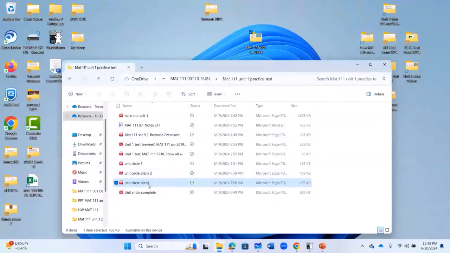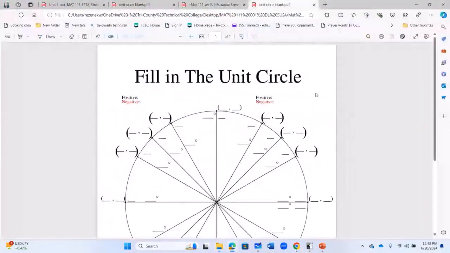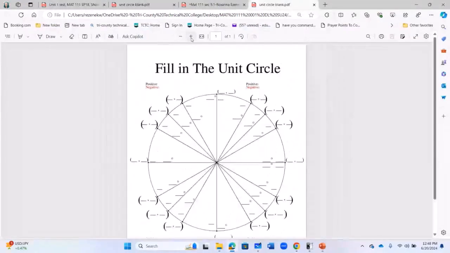So now this is my blank unit circle. I can make it bigger if I want to, but we already calculated the special angles on the first quadrant. So this is 0 degrees. I hope you agree.